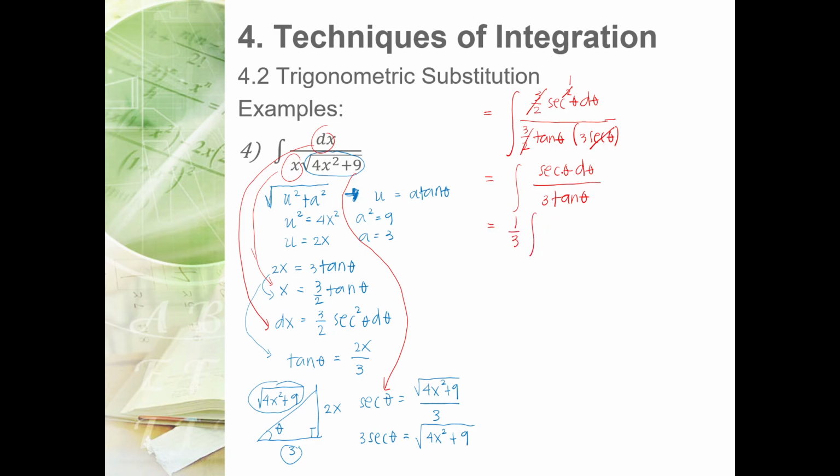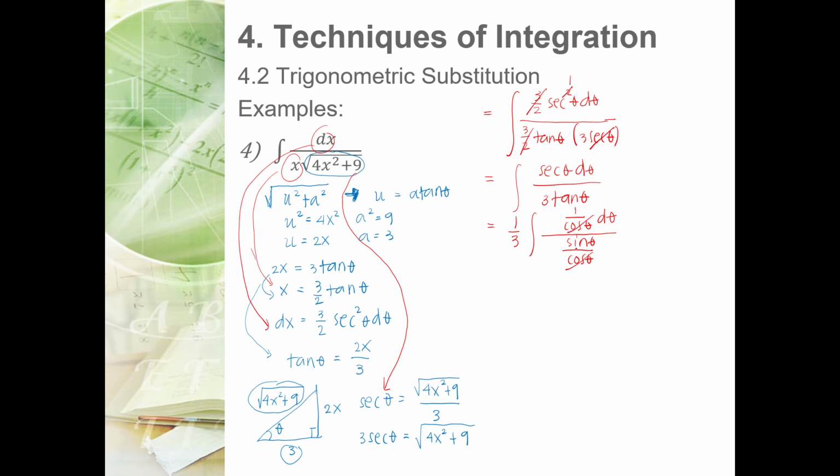Then, of course, the next step is I think we can dissect again secant and tangent. So 1 over cosine theta divided by sine theta all over cosine theta. So don't forget the d theta.